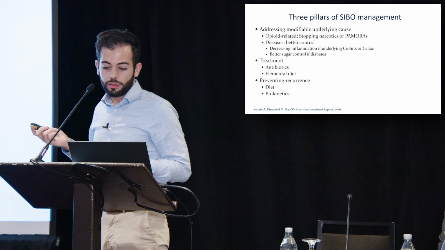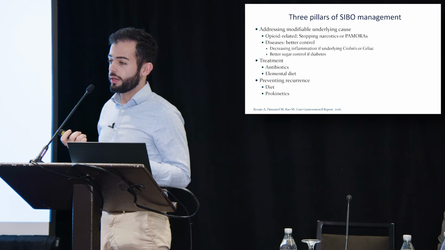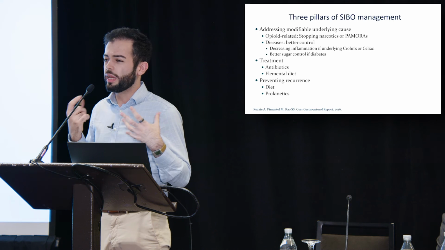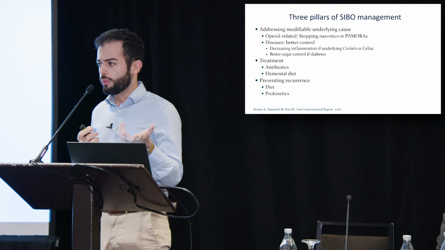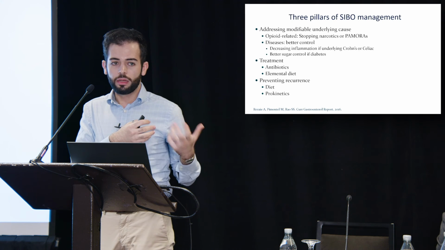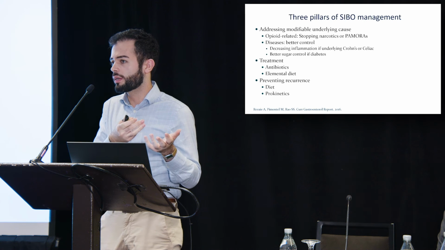2, treatment. The first line of treatment is antibiotics. Antibiotic choices, we have a lot of them. The most common one that you must have heard of is rifaximin, and I think we've mentioned it earlier during this talk. That is one common antibiotic that we use.